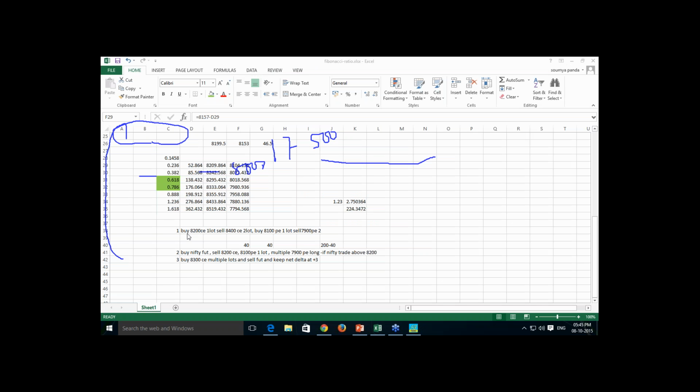If I say why I have just bought this 8,200 call and sold 8,400 call, and why I formed this 8,100 put and sold 7,900 put with respect to the 8157 reference price, it is because I have an uptrend confirmation above 8209 and a downtrend confirmation below 8104. So for that I am buying these two options, and my trend is maturing at 8,433 and 7880.